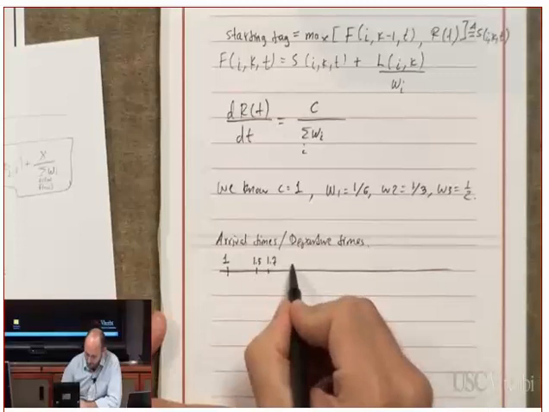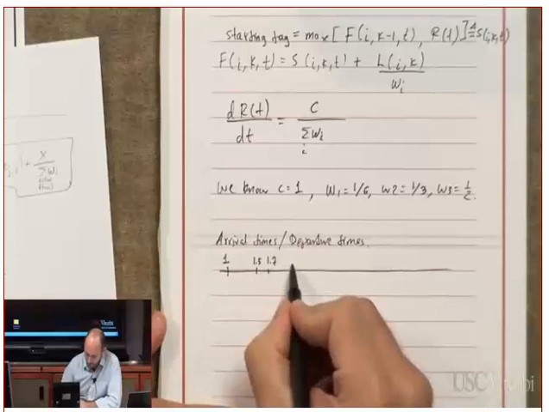Or in other words, what is dRt over dt? Capacity 1 over what? Half. Very good. It's 1 over 6 plus 1 over 3, which gives 2.